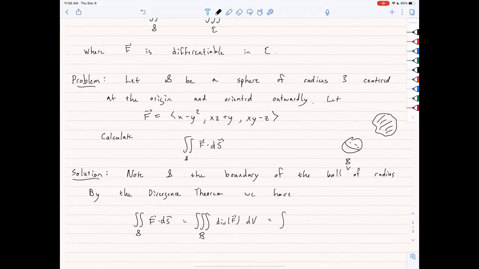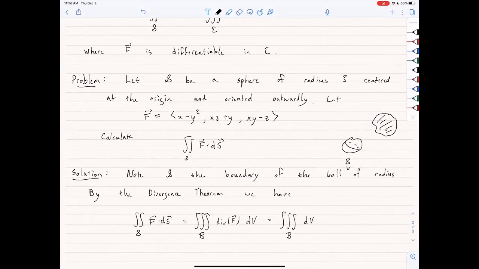Who can tell me what the divergence of F is? 1. Great. 1. And who can tell me now what it means to integrate 1 over a 3-dimensional region? What are you going to get?